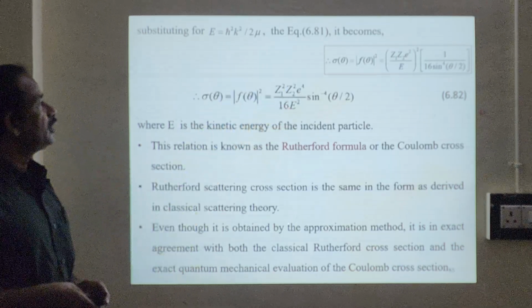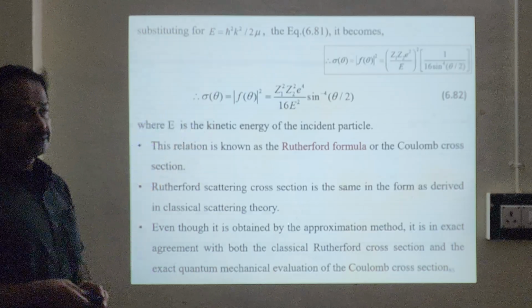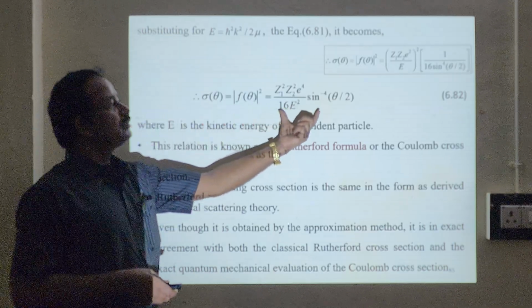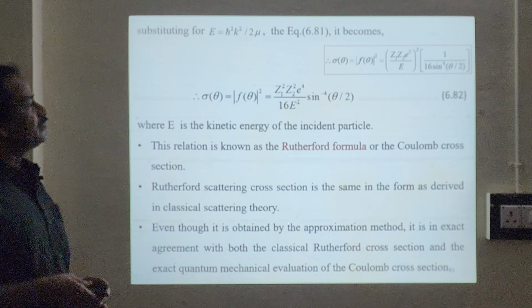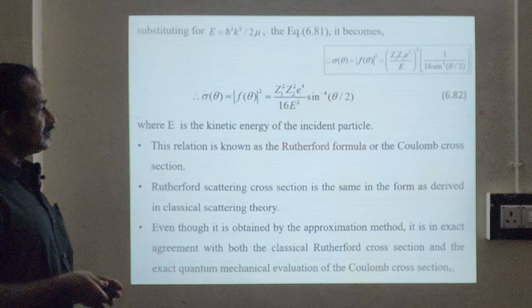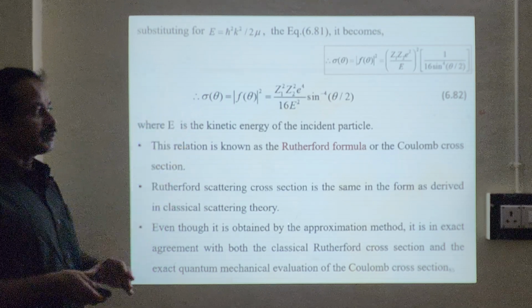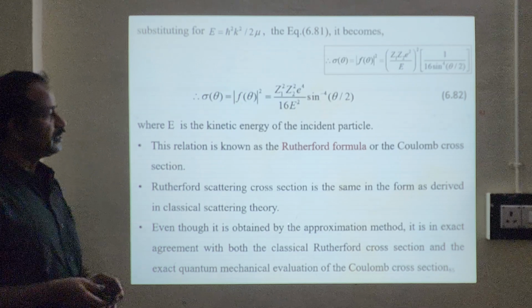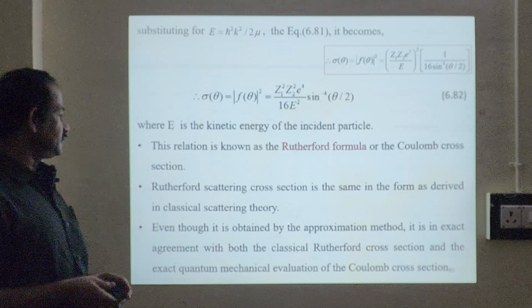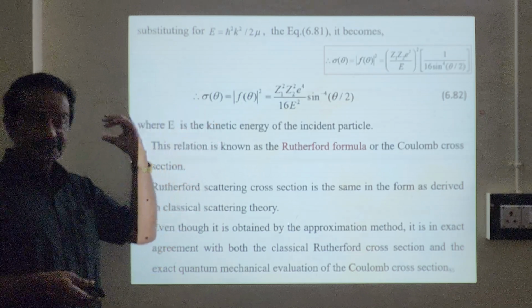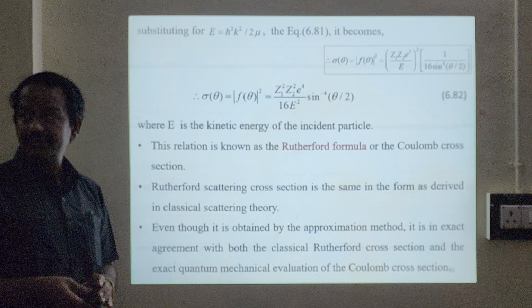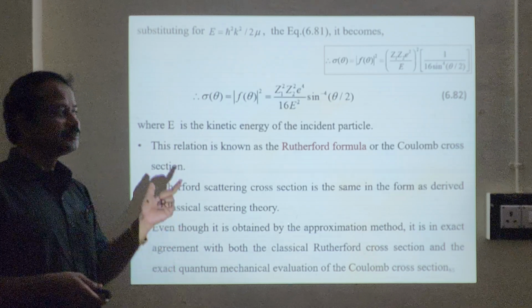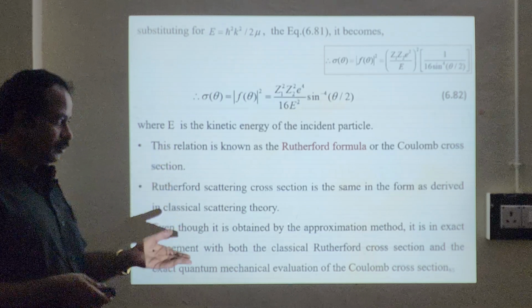Okay, so we will have sigma of theta, the differential cross section, which is given by this expression, where E is the kinetic energy of the incident particle. This relation is known as the Rutherford formula or Coulomb cross section. Rutherford scattering cross section is the same in form as derived in classical scattering theory. So this was the same theory which was derived 20 years earlier by Rutherford.